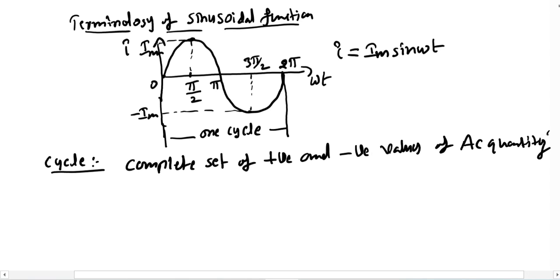That is the meaning: complete set of positive and negative values. This is the positive values, and this is the negative values. This is going to form a cycle.